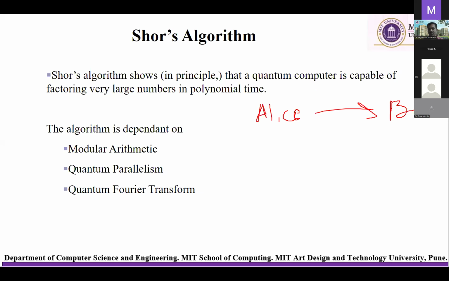All of you are aware that in cybersecurity and information security, there are different algorithms we use, with public key, private key, and the RSA algorithm. So suppose we consider the RSA algorithm as the cryptography example.